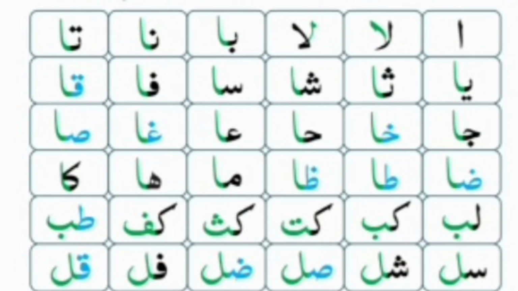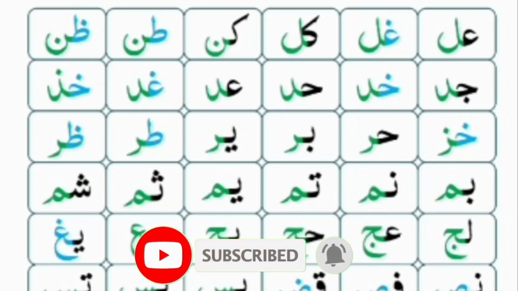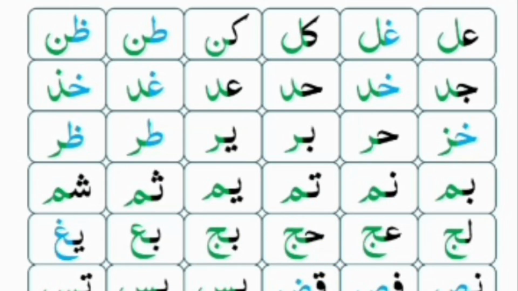Like this, only alif is called a mufrad letter, but lam and alif, these 2 letters joined together, that is called murakab letters. And look at my screen, ain and lam, these 2 letters joined together, that is called murakab letters, compound letters.